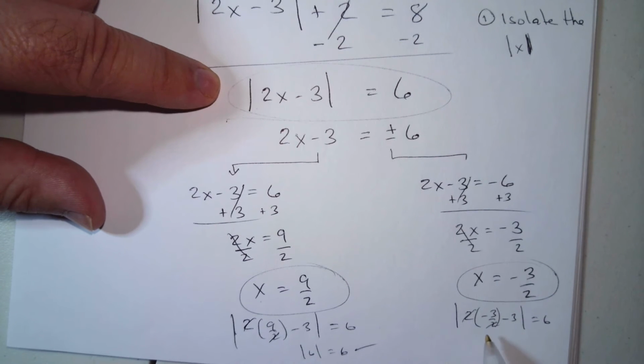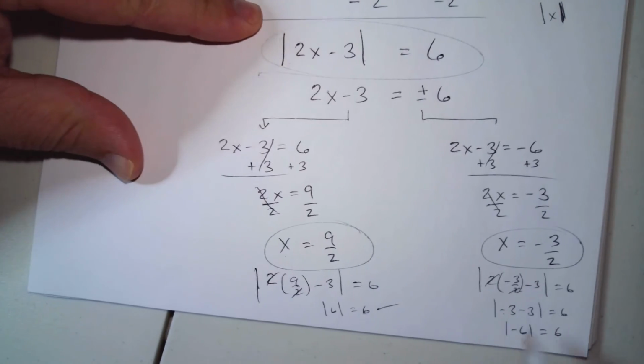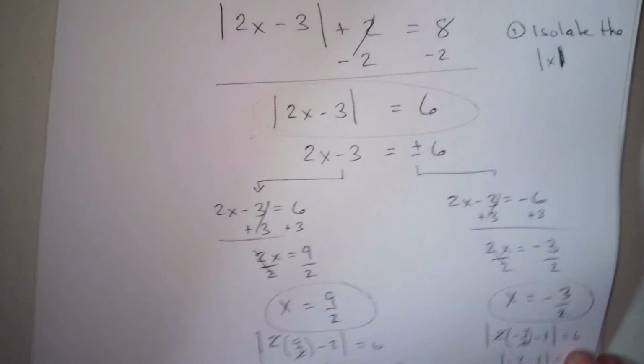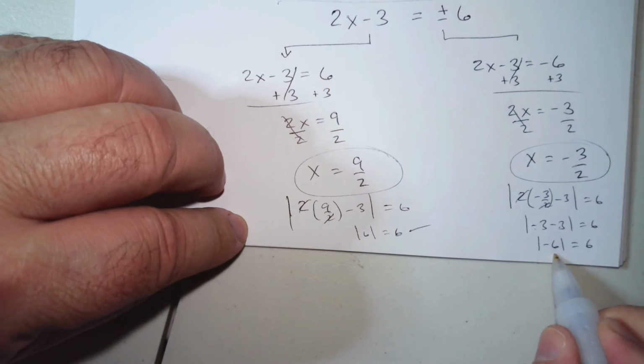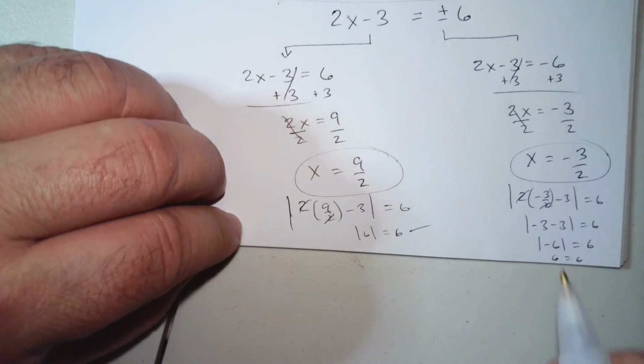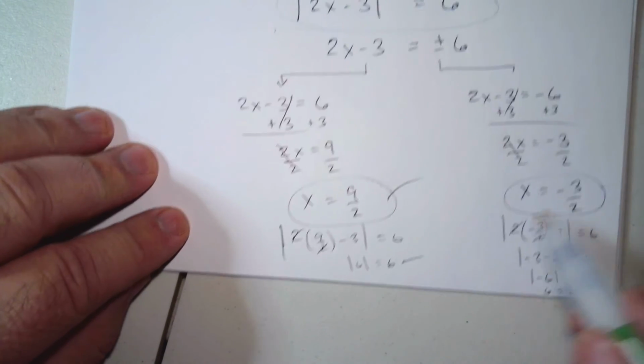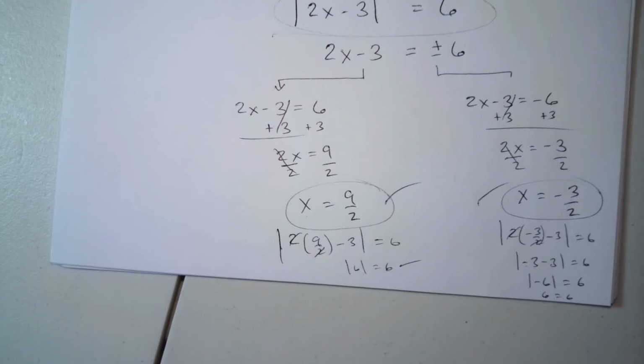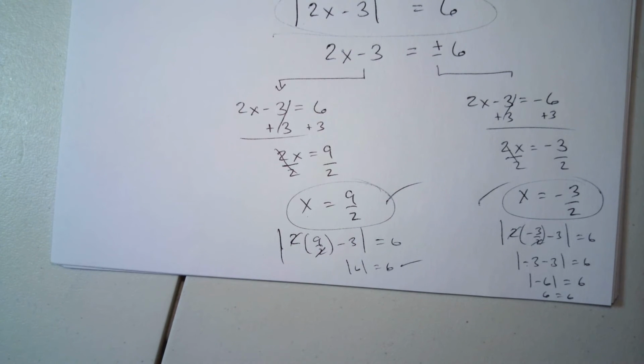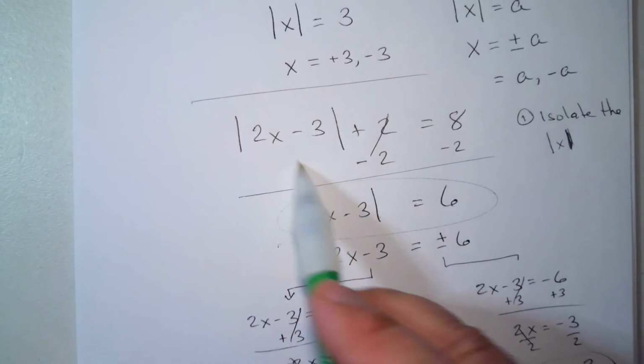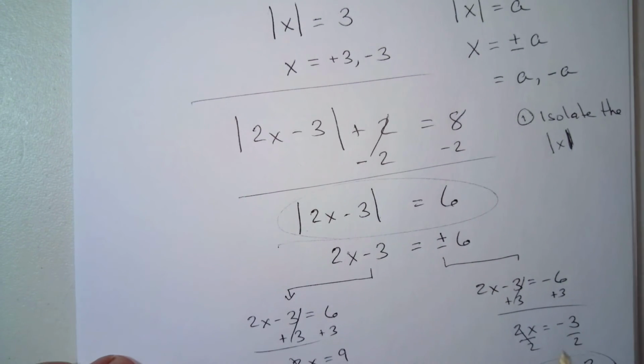The 2's cancel, so we have negative 3 minus 3. Negative 3 minus 3 is negative 6. Now I take the absolute value of it. So absolute value of negative 6 is 6, so they both work. I have two solutions in this case. All right, so in other words, isolate your absolute value first, and then solve for x.